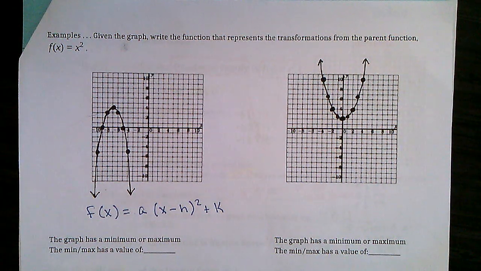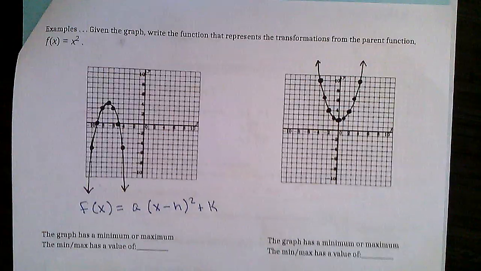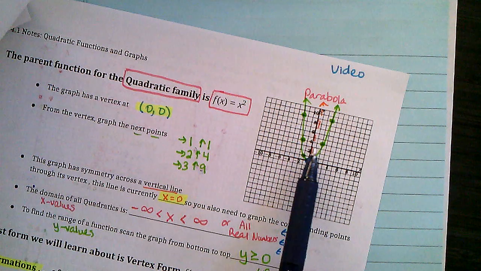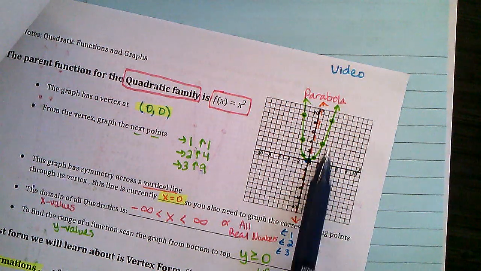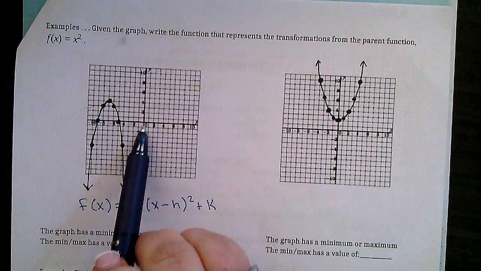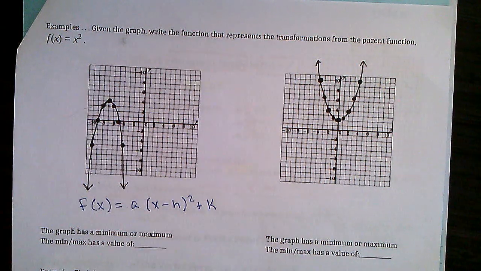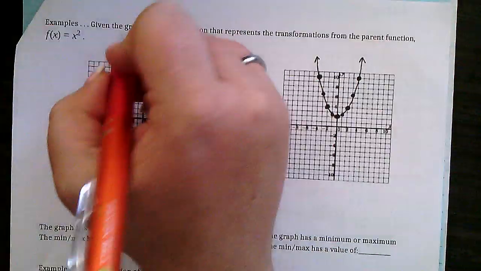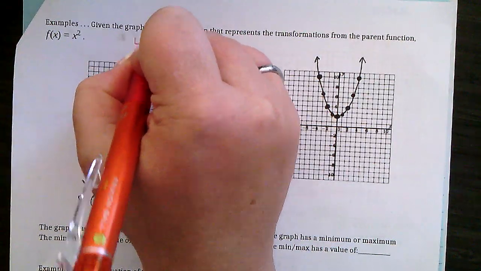So it looks like to me that our normal graph from over here, our parent function, has a vertex of 0, 0 and goes up. This one here does not have a vertex of 0, 0. So let's see where it has gone. It looks like from 0, 0 it has moved to the left. Let's see how far.